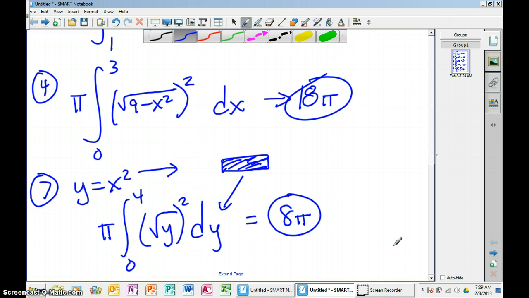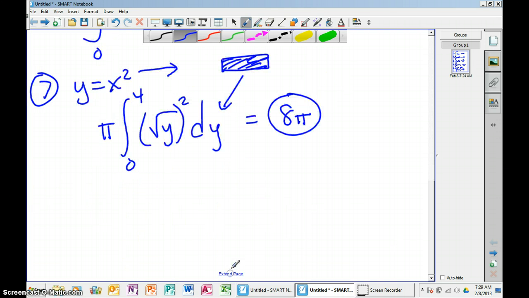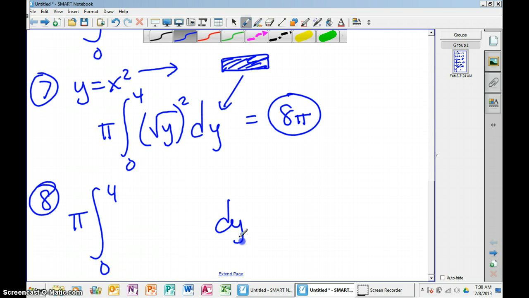All right? I'd like to get rid of this box. There it goes. Okay. And then I ask you to do number 8. Number 8, once again, it's a picture. So we're going to the y-axis, and it says y equals that stuff. So I know it's going to be pi. This is going to be from 0 to 4, because we're going dy. But now I have to change this equation, y equals 16 minus x squared. I got to change it to x equals.